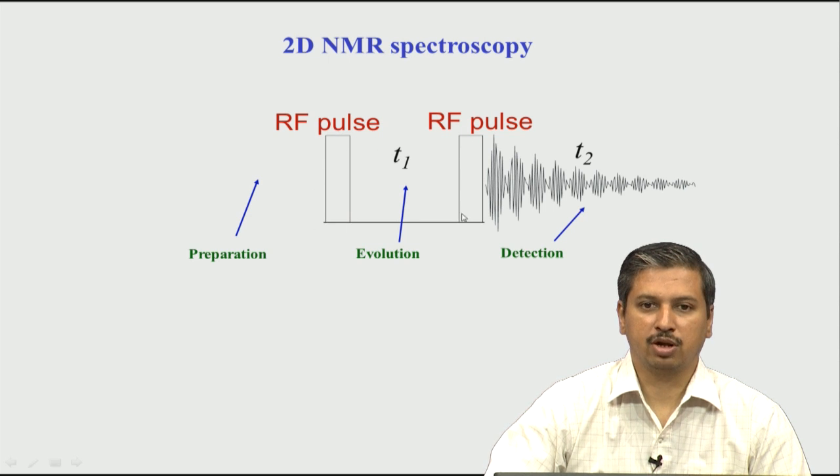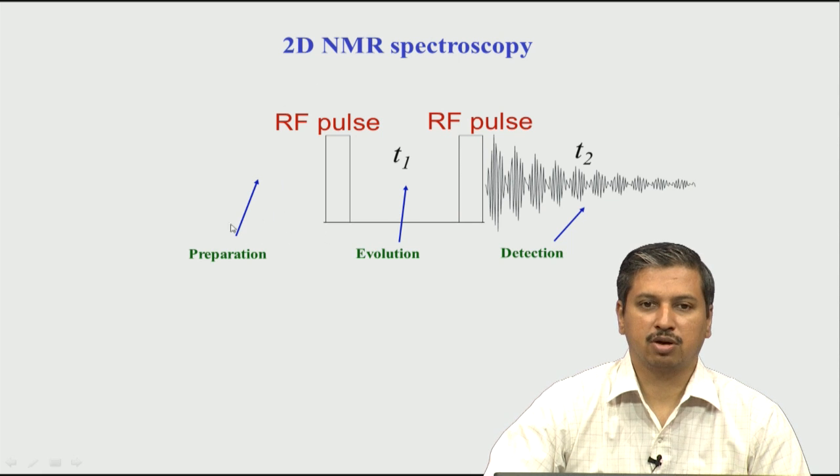Similarly, this is applied to all the spins. So, because of both the spins on both sides, we saw that there are 4 combinations. Two are called diagonal peaks, and 2 are the cross peaks, that is off diagonal. Now, let us go to more detail of how experiments are actually recorded.